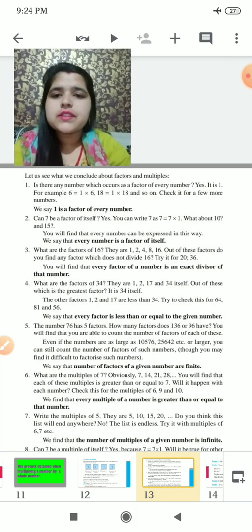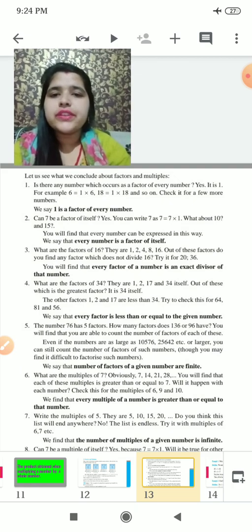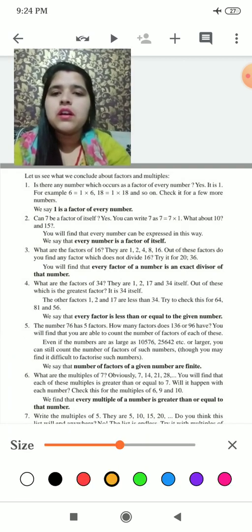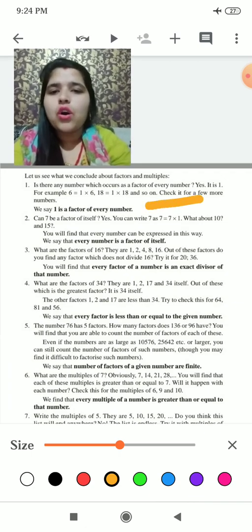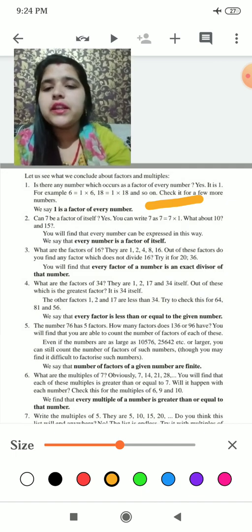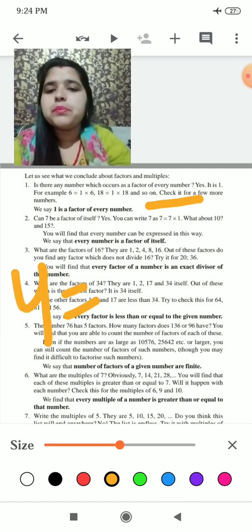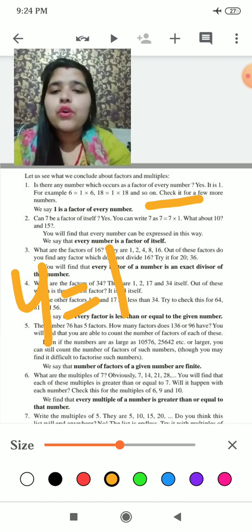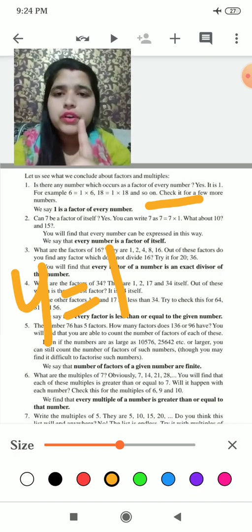Let us see what we conclude about factors and multiples. First one is that 1 is the factor of every number. Yes, 1 is the factor. If I am telling you to write the factors of 4, first we will write 1 because 4 comes in the table of 1.